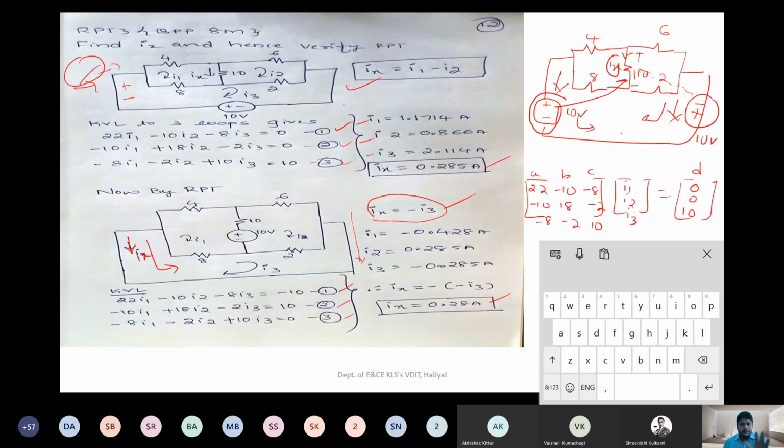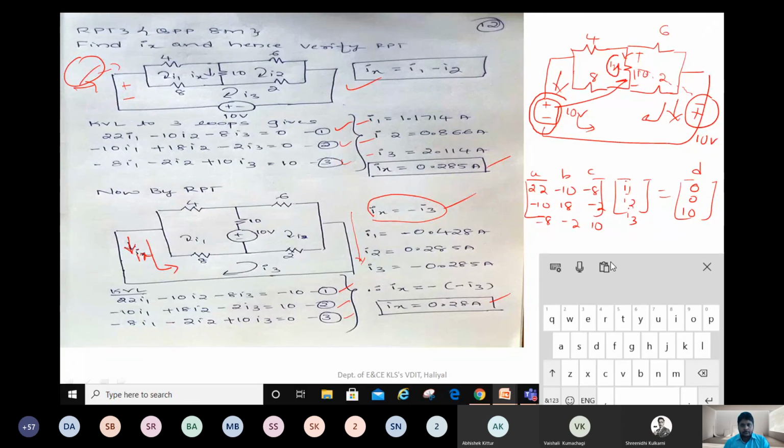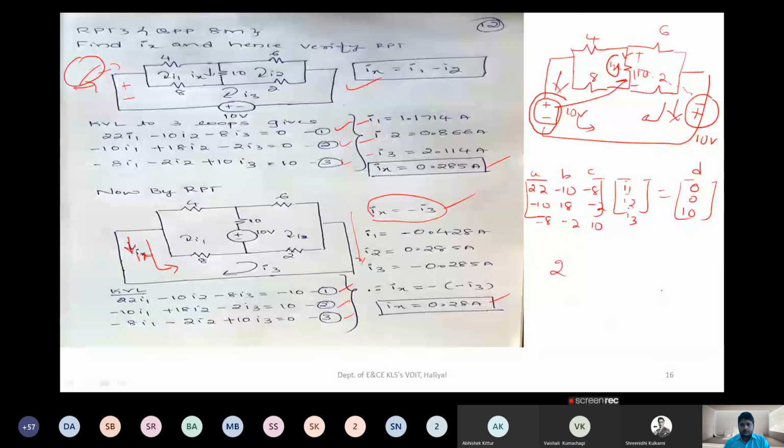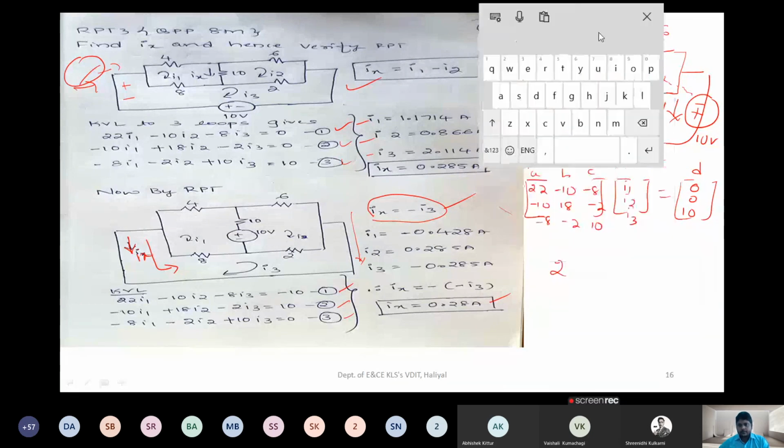So please don't be lazy. Read out the things. You have to practice. While practicing this problem also, take it as a second assignment. Interchange the values. Change the values 4 to 2, 2 to 1. Wherever you have 4 ohm, take half the values. Here we have 4 ohm, then somewhere here.